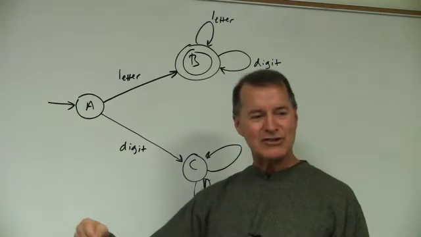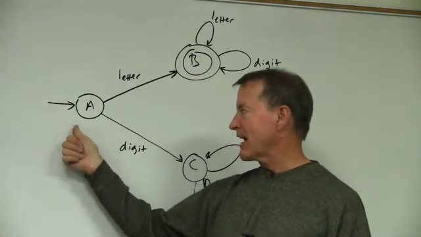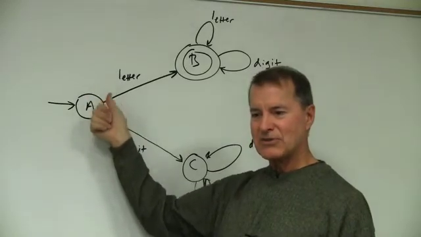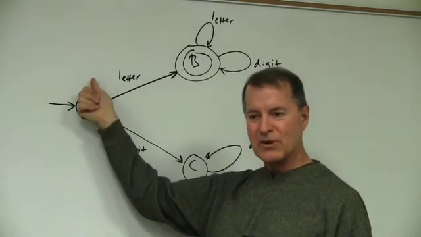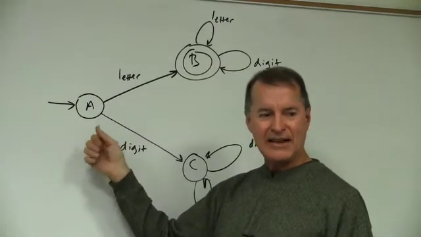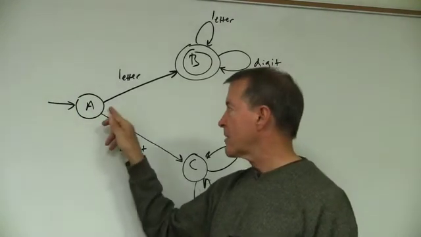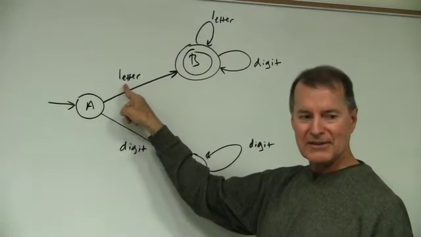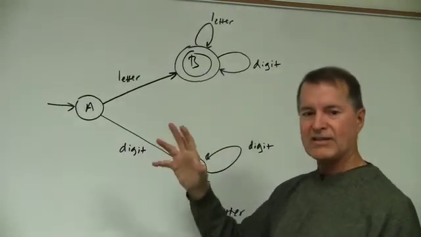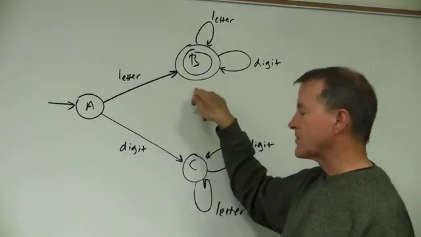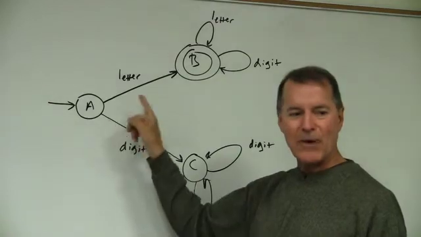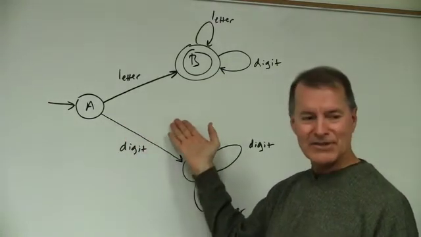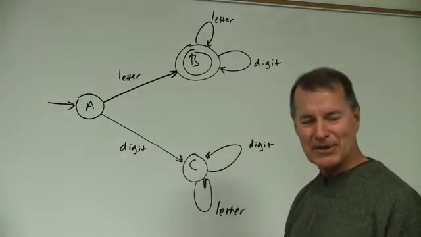Every time it's at a state, it takes one of the transitions, and it just keeps going. Every time it makes a transition, it makes it on a terminal character. And when it stops in a final state, the string of characters it ran over is a valid sentence in the language. Do you see what I mean?